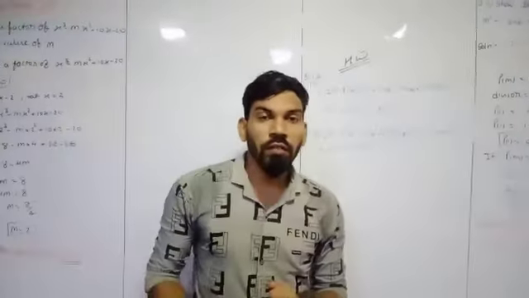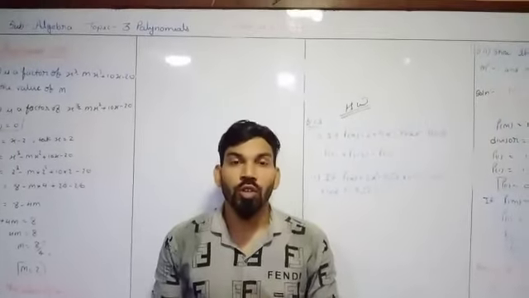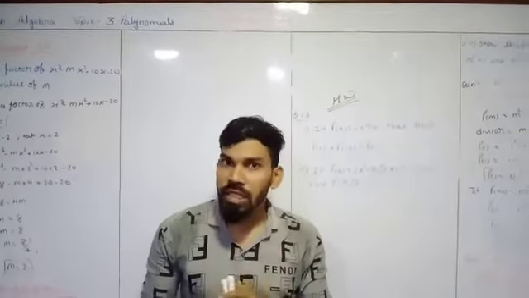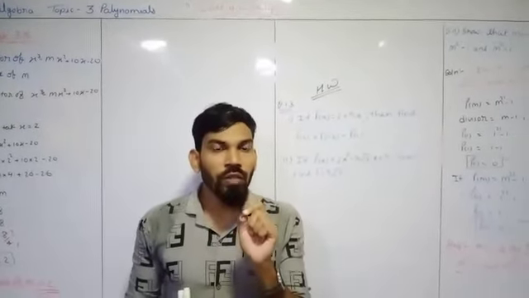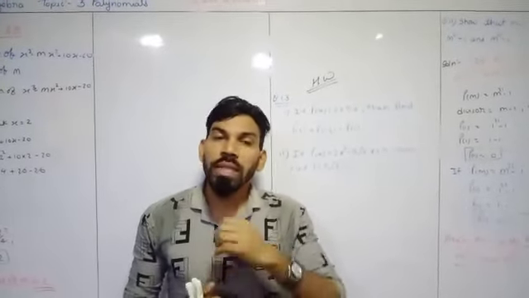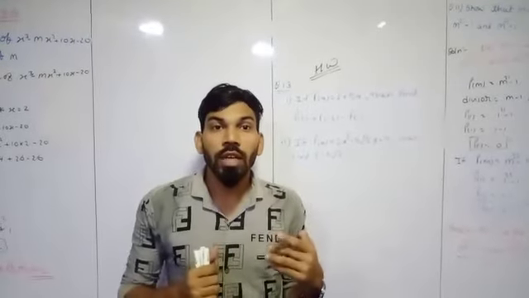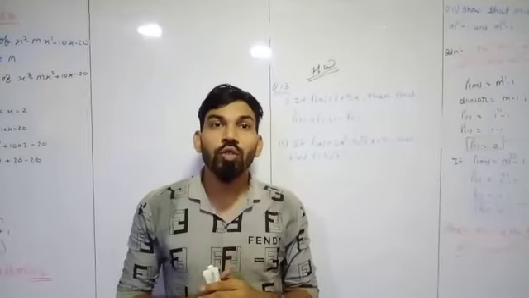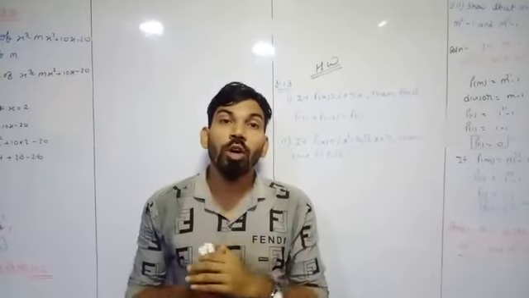Whenever we have questions like whether p(x) is a factor of q(x) or not, just keep in mind that only if we get the answer 0 will it be a factor. And sometimes we have to prove something; in that case, you should put the value of the polynomial as 0.